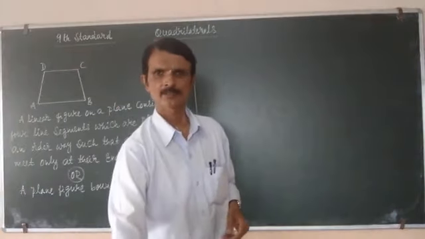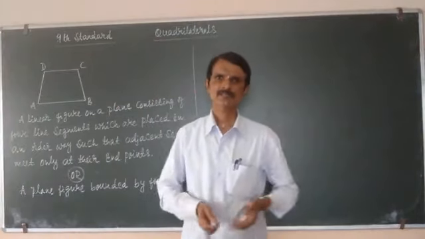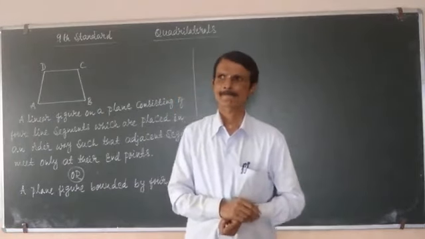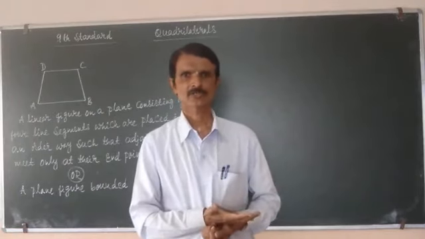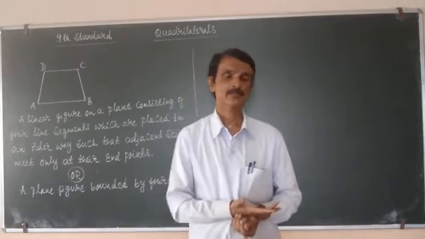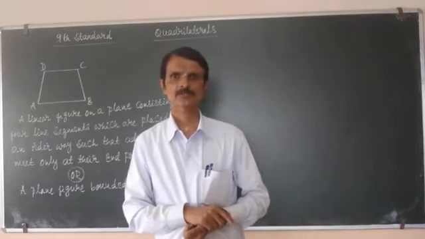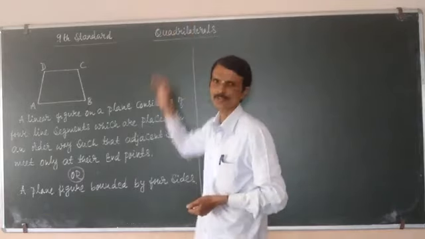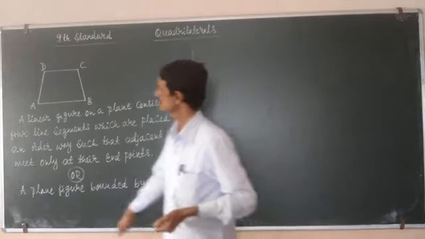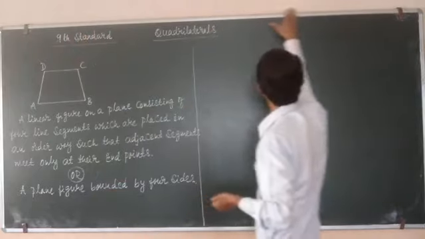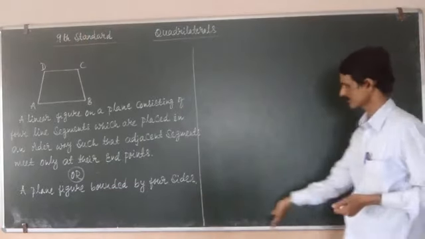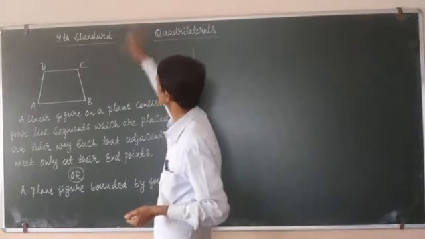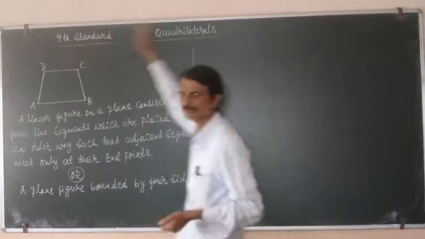Now, students, observe some of the objects which we use in day-to-day life. If you watch this green board, it is of the shape of a quadrilateral because it contains four sides: 1, 2, 3 and 4.